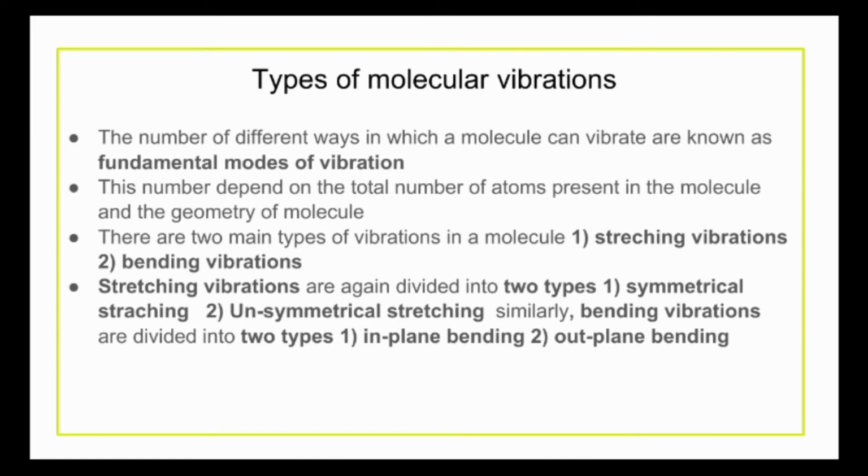Types of molecular vibrations. The number of different ways in which a molecule can vibrate are known as fundamental modes of vibration. The number depends on the total number of atoms present in the molecule and the geometry of the molecule. There are two main types of vibrations in the molecule: stretching vibrations and bending vibrations.